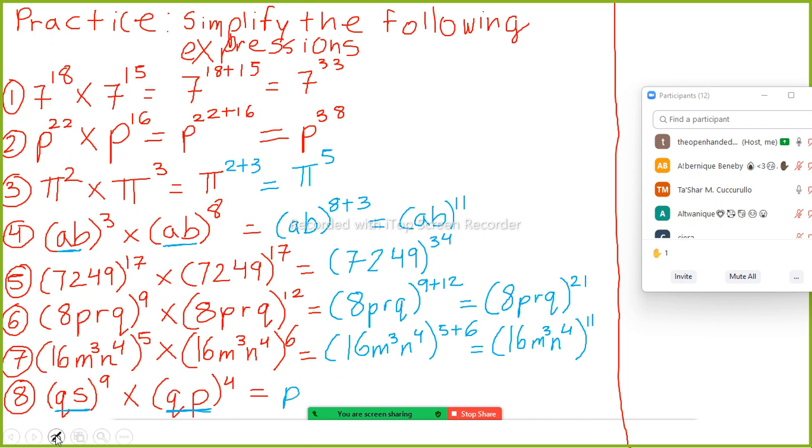You're all going to have to write this note: rule number 3 is not applicable, so we can't use rule number 3 for this one.